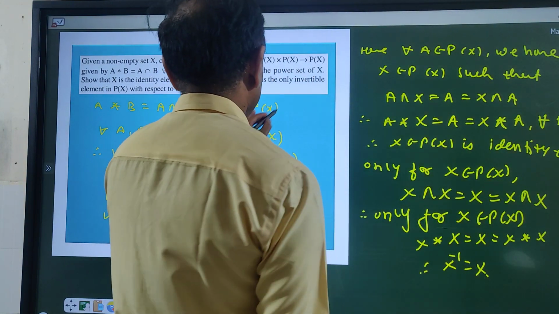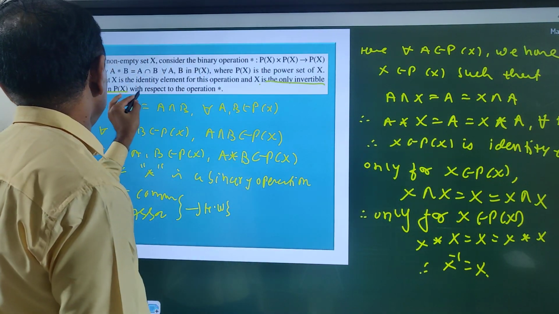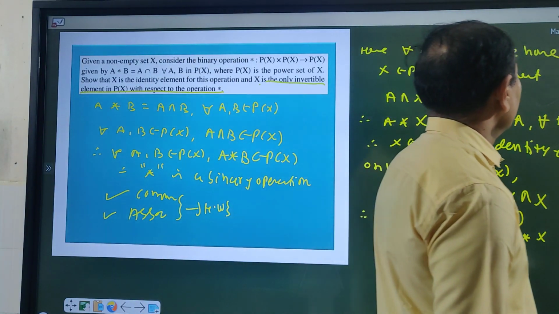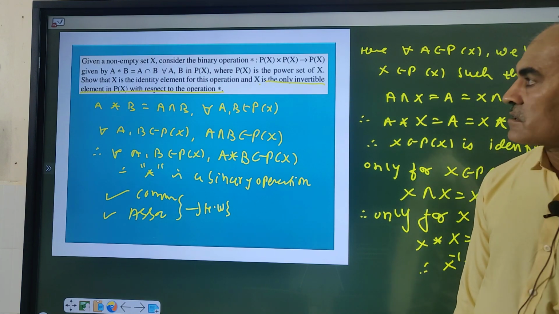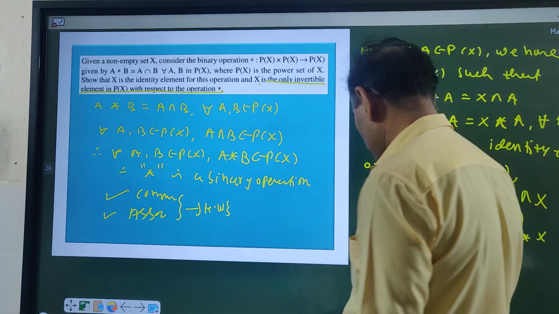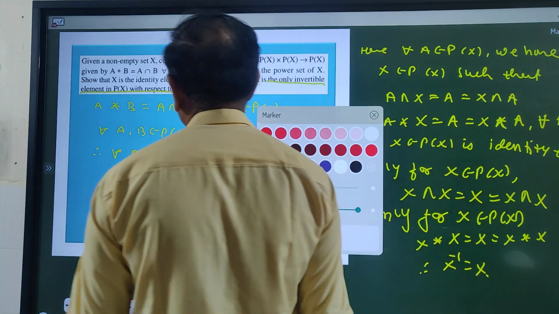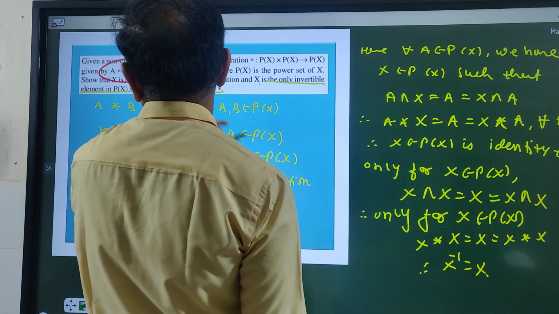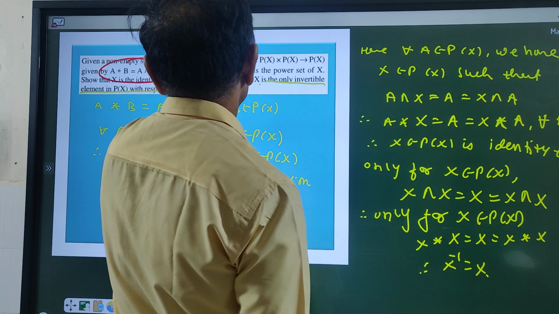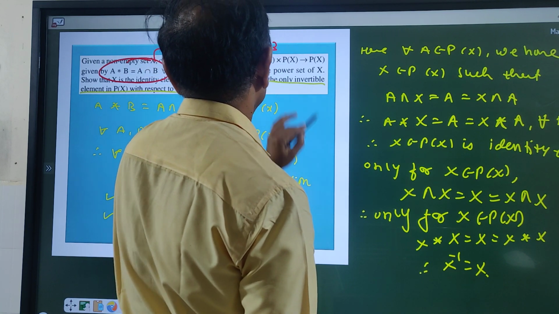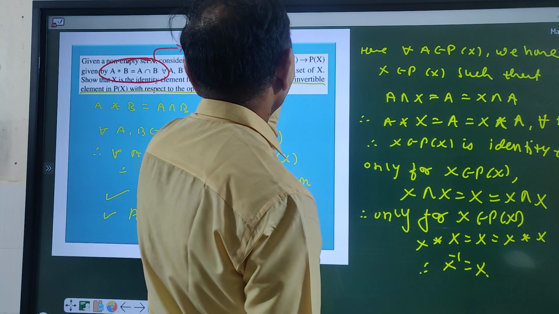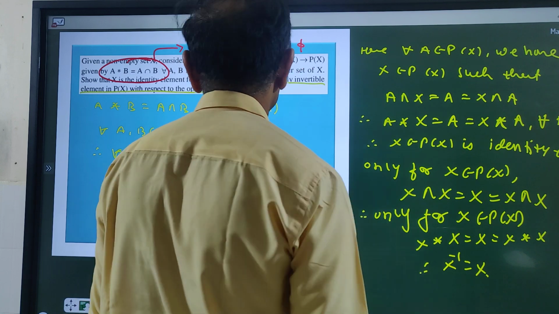See, X is the only invertible element in P(X) with respect to this binary operation star. Friends, here I am leaving this sum for you for union. A star B is equal to A intersection B is given to us. Take A star B is equal to A union B, then the null set is the identity element.